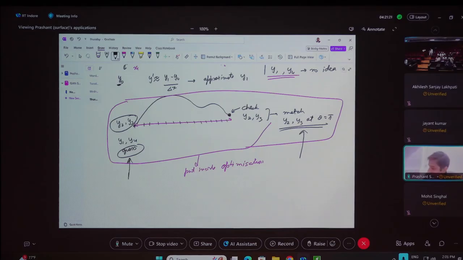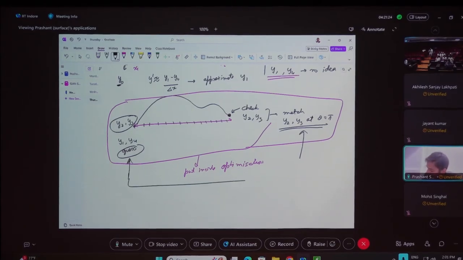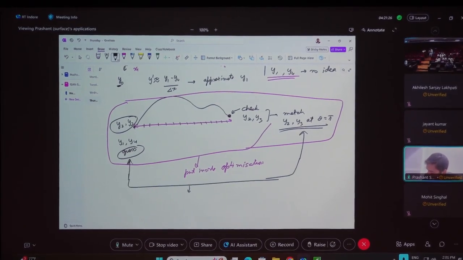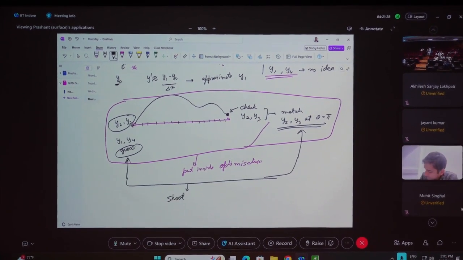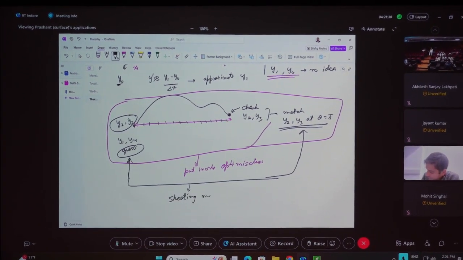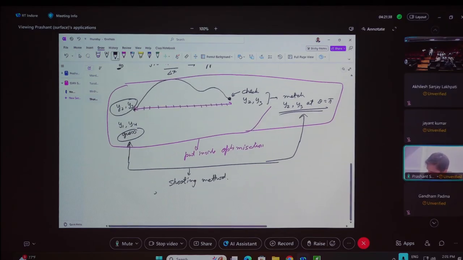But essentially, this entire process is what we call the shooting method. And if you do that correctly, we eventually find out what rho of theta is between theta 0 and pi, and we can find the solution between 0 and pi.